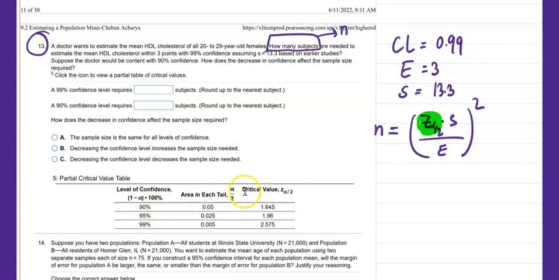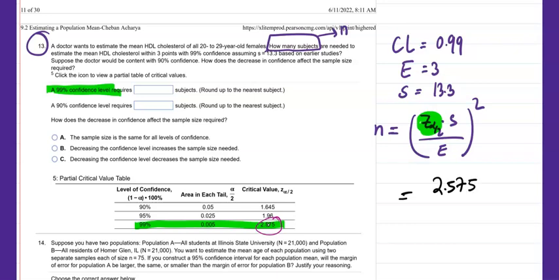So how do you find the critical value? For this case, with the 99% confidence level, the critical value is going to be 2.575. So 2.575, this is the critical value. So I'm going to use that number there. 2.575 times 13.3 divided by the margin of error, which is 3, and square of that.